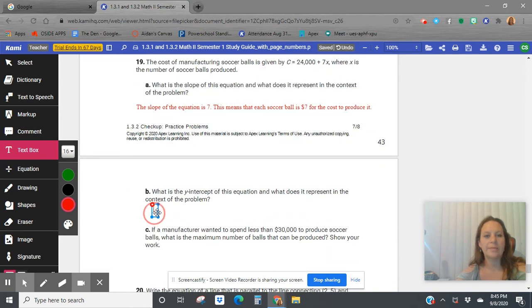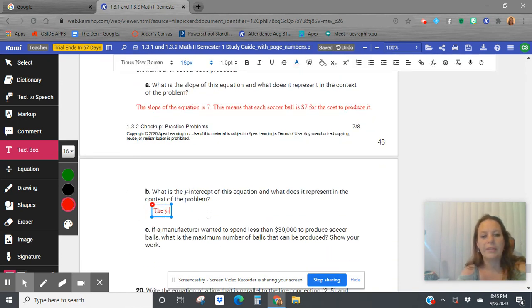What's the y-intercept? Y-intercept is 24,000. This is the fixed cost associated with production.